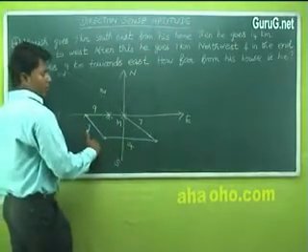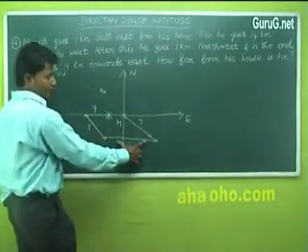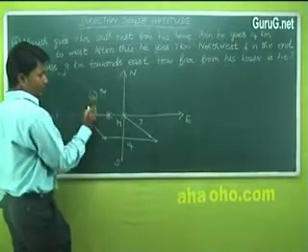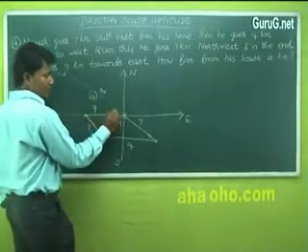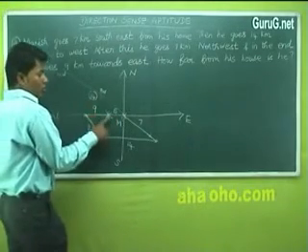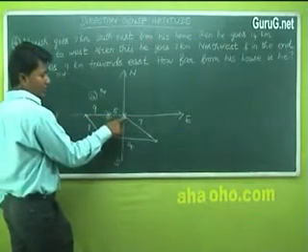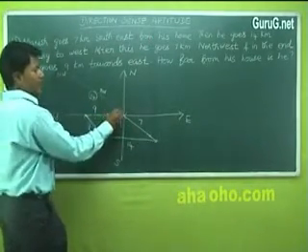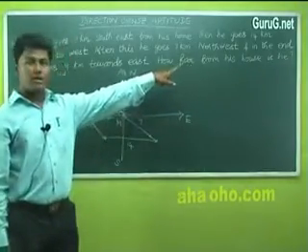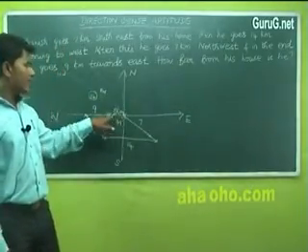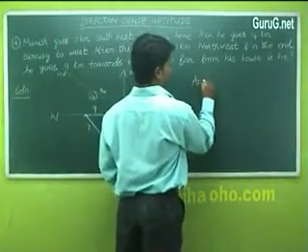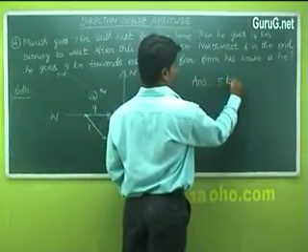If opposite sides are equal, if this is 14, this should also be 14 kilometers. If this is 9, this must be 5. 9 plus 5, 14. So what is the distance between the starting point and ending point? 5 kilometers. So what is the answer for your question? How far from his house is Manish? Manish is 5 kilometers from his house. So the answer is 5 km.